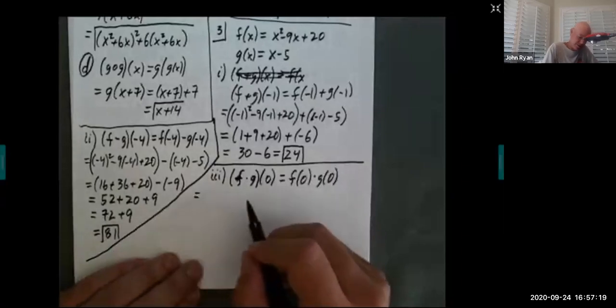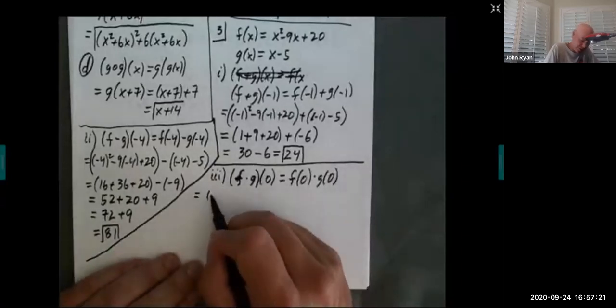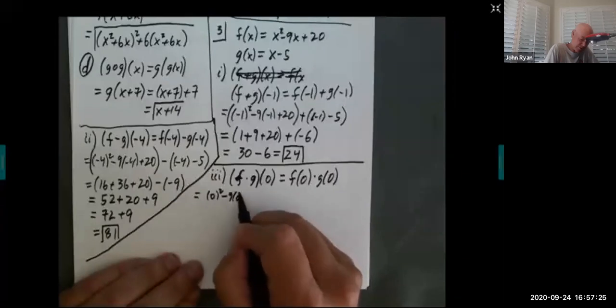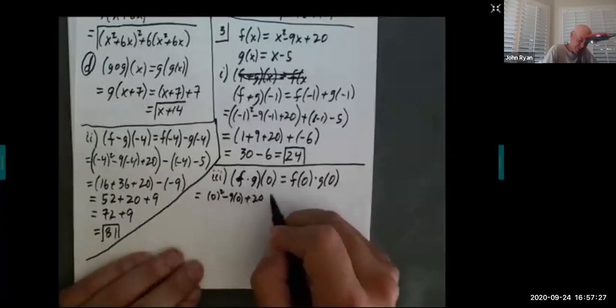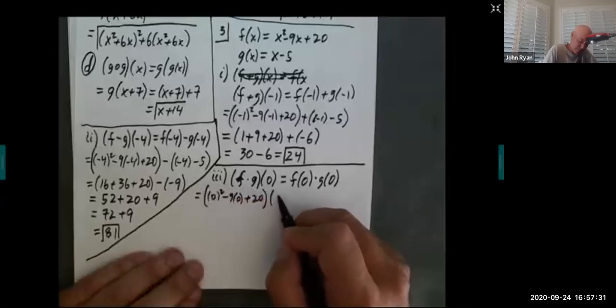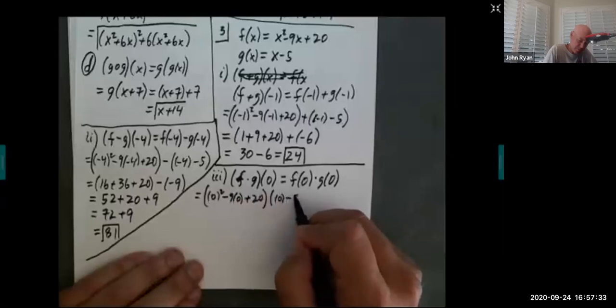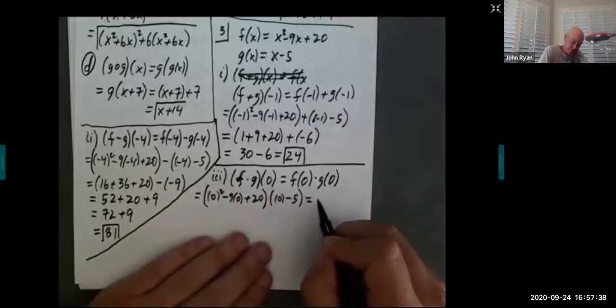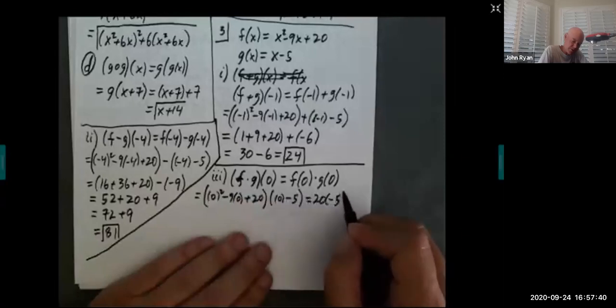I like this because 0 makes everything kind of drop out. 0 squared is 9 times 0 plus 20. Which gives us 20 times -5, which is -100.